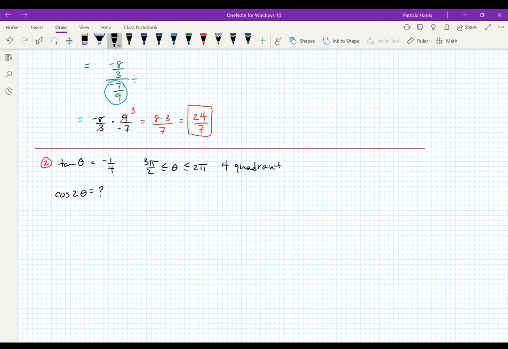Okay, so cosine of 2 theta actually has like 3 formulas. It has cosine squared x minus sine squared x. So we can use this one. We could use this one.